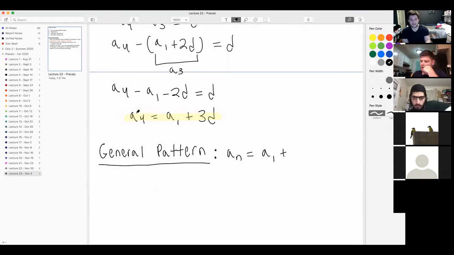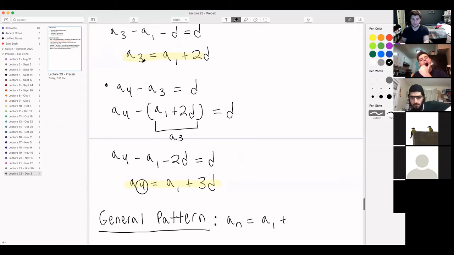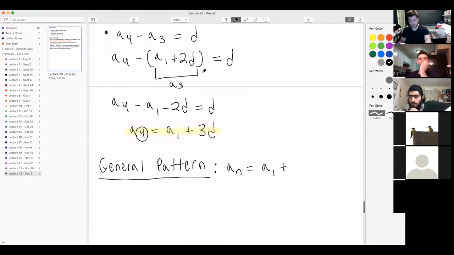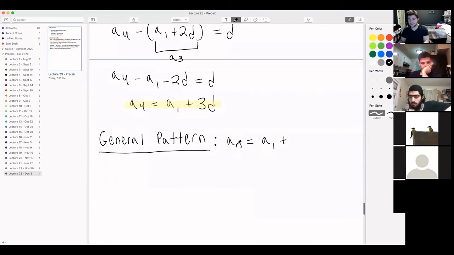Now, in this case, the coefficient in front of d is 1 less than the subscript. Do you see that? A sub 4 has 3 as the coefficient. A sub 3 has 2 as the coefficient, okay? So if the subscript is n, what would the coefficient in front of d be if it's 1 less?